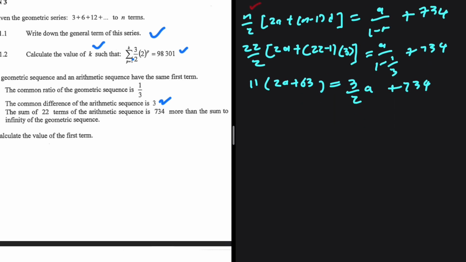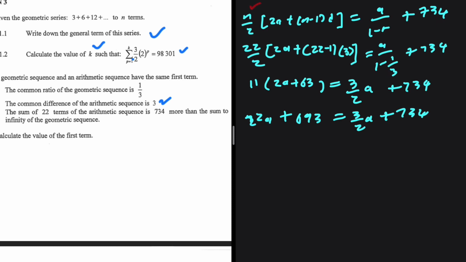734. Okay, let's multiply out on the left hand side. We're going to get 22a plus 63 multiplied by 11, that is 693, being equal to 3 divided by 2 a plus 734. Let's take the a's to the left hand side and the constants to the right hand side.